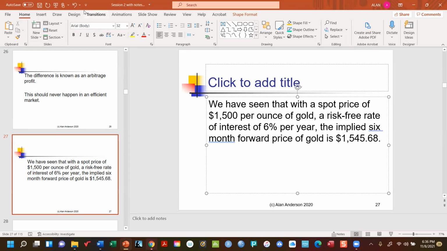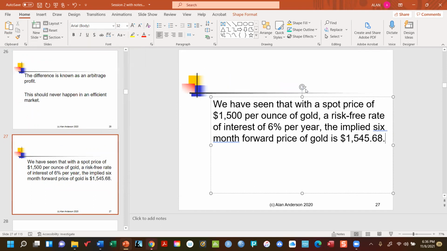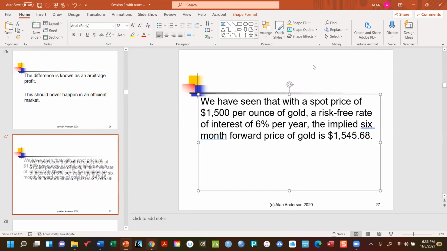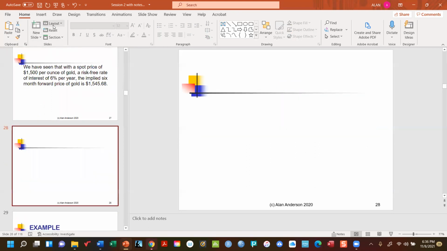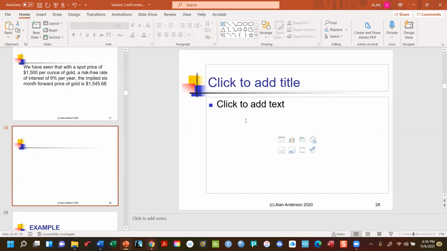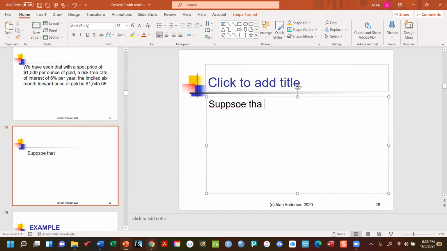Okay, now here's what we want to do. Let's do a thought experiment and see what would happen if the forward price was different. All right, so let's try this one. Suppose that a dealer offers a quote of F equals $1,550 per ounce.